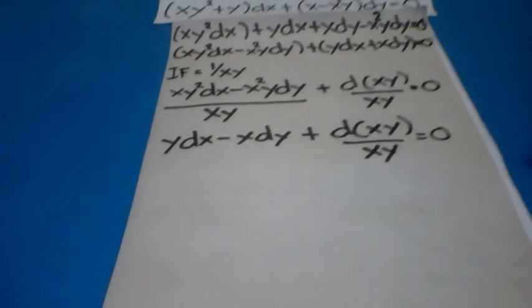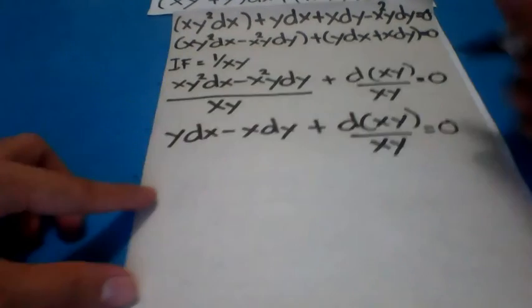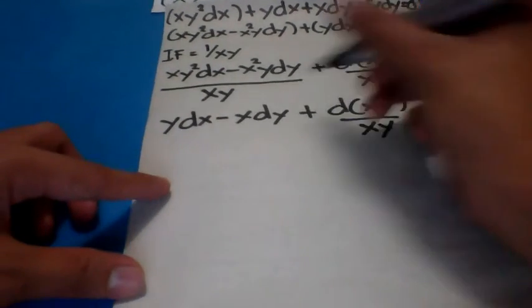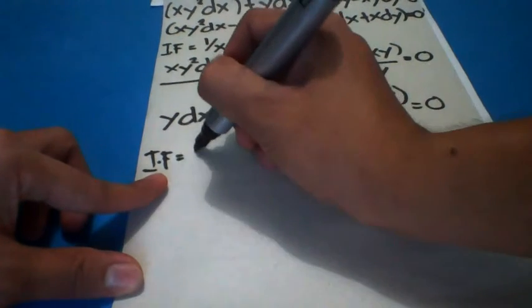So I'm going to multiply both sides again by the integrating factor, which is equal to 1 over xy.